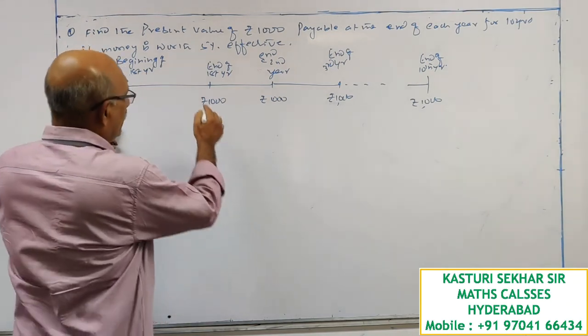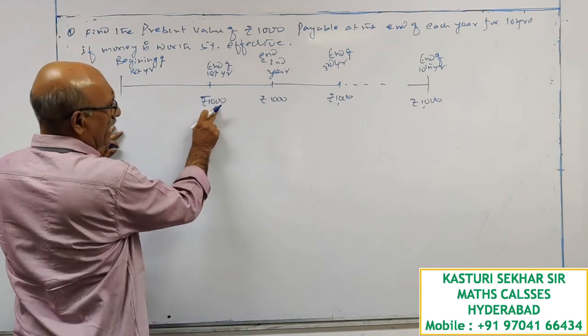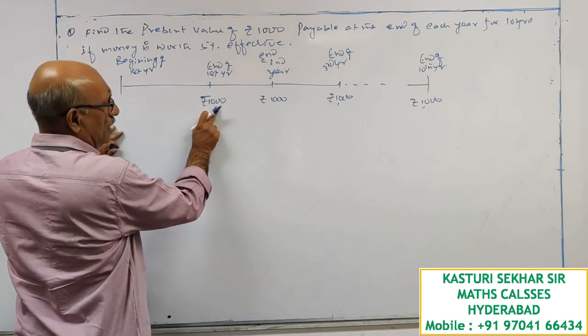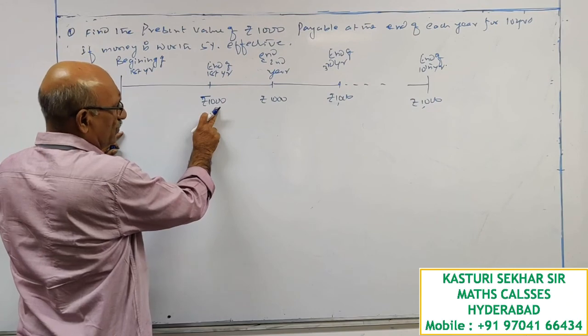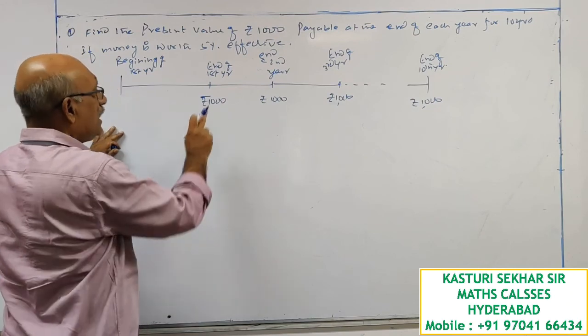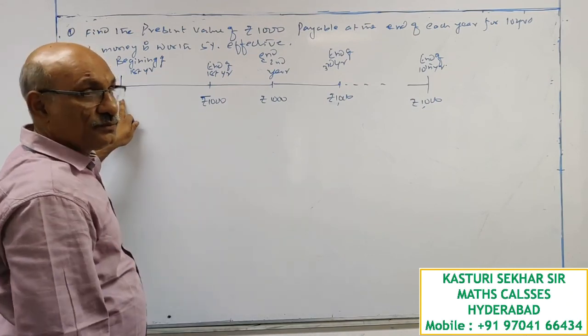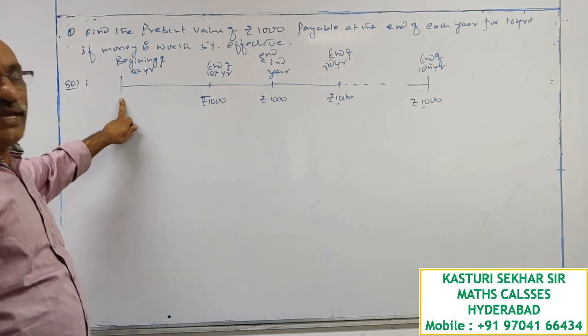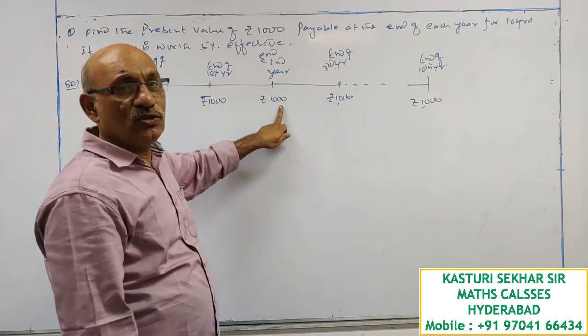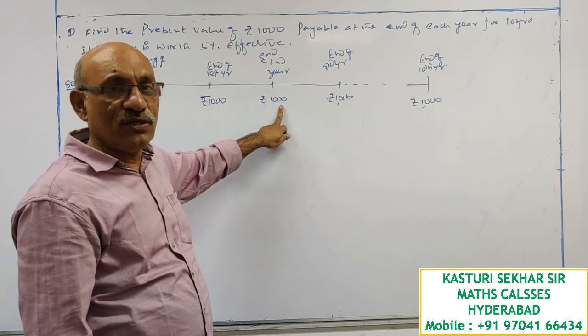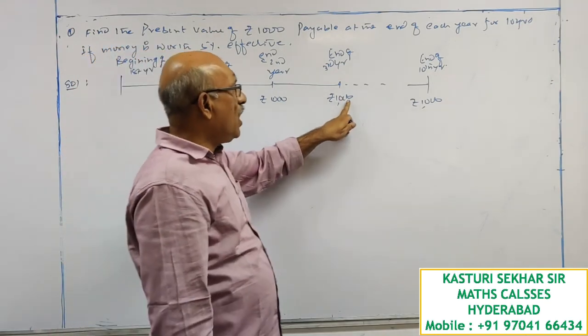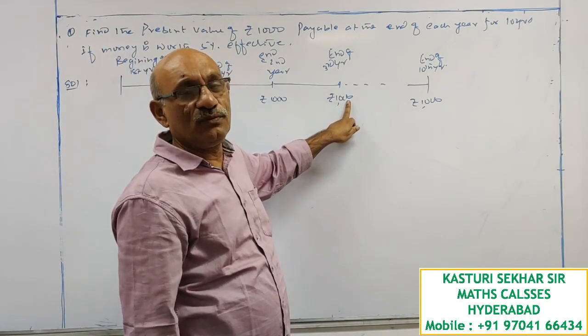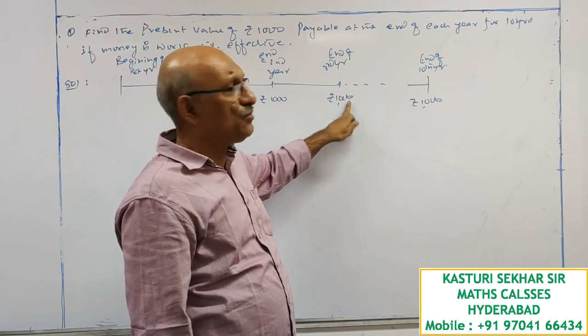Now look at this, sir. If 1000 rupees is due in 1 year, what is its present value, or what is its value today? Again, 1000 rupees is due in 2 years, what is its present value? 1000 rupees is due in 3 years, what is its value?